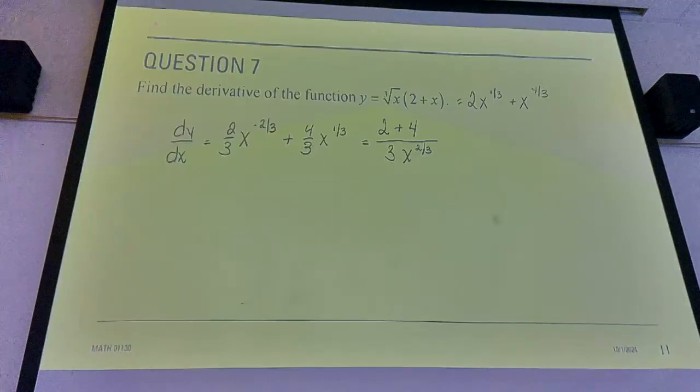Said another way, x to the 3rd times x to the 2/3. It's just x.